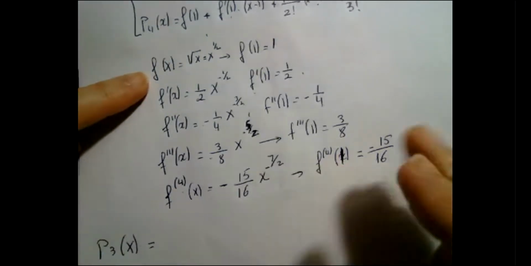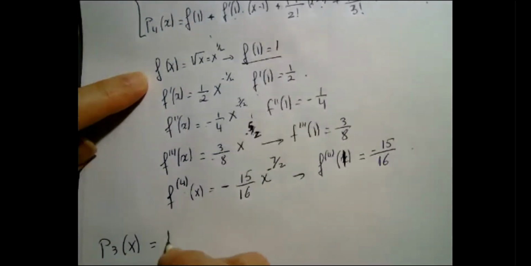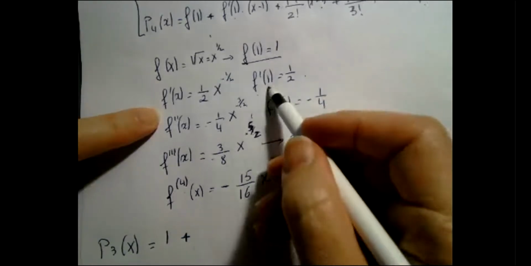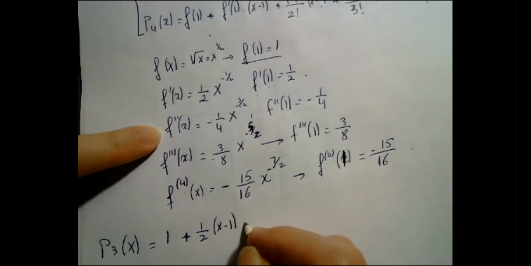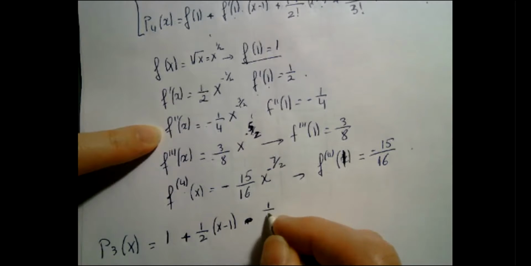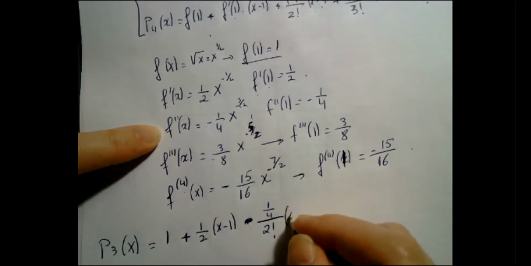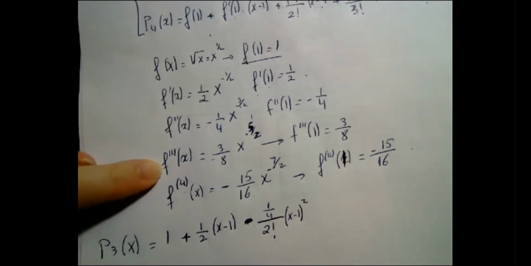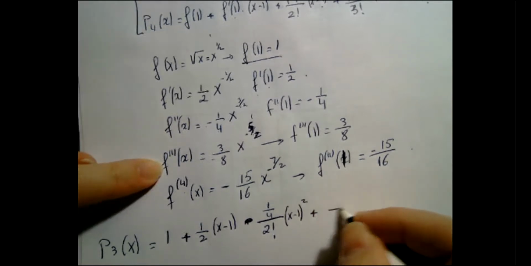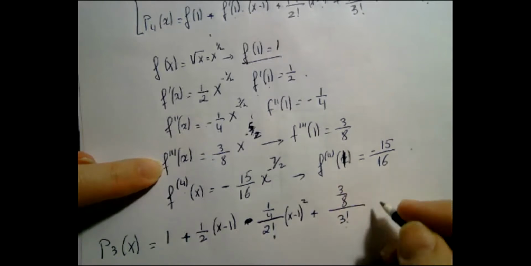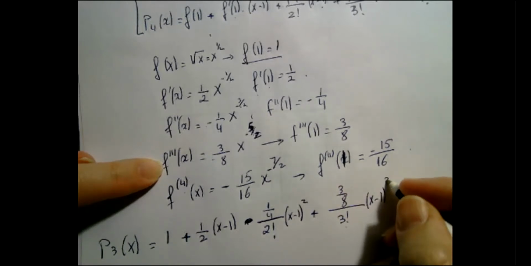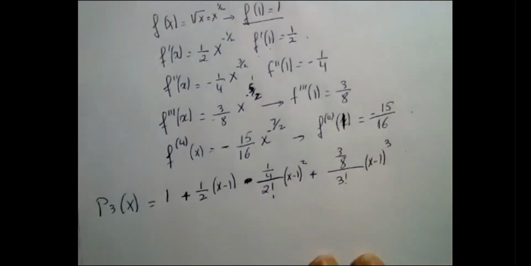It will be f of 1, plus f prime times (x minus 1), plus the second derivative, which is basically minus 1 over 4, divided by 2 factorial, times (x minus 1) squared, plus the third derivative divided by 3 factorial, times (x minus 1) to the power 3. So that's the third degree Taylor polynomial.